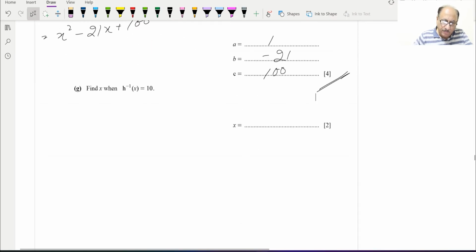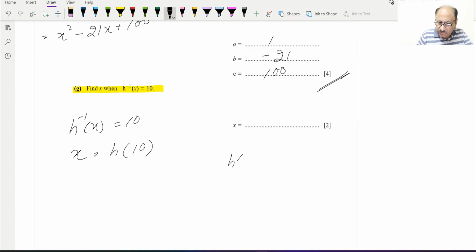Hopefully you got this. Now part g, find x when h inverse of x is equal to 10. So h inverse of x is equal to 10. So we can basically shift h inverse to the other side. So x will be equal to h of 10, and h of x is equal to 2 raised to the power x.